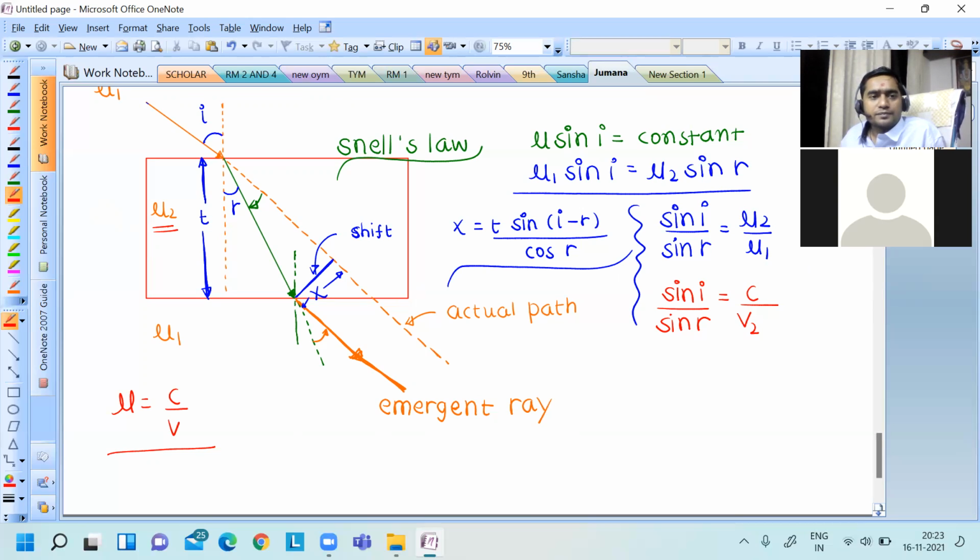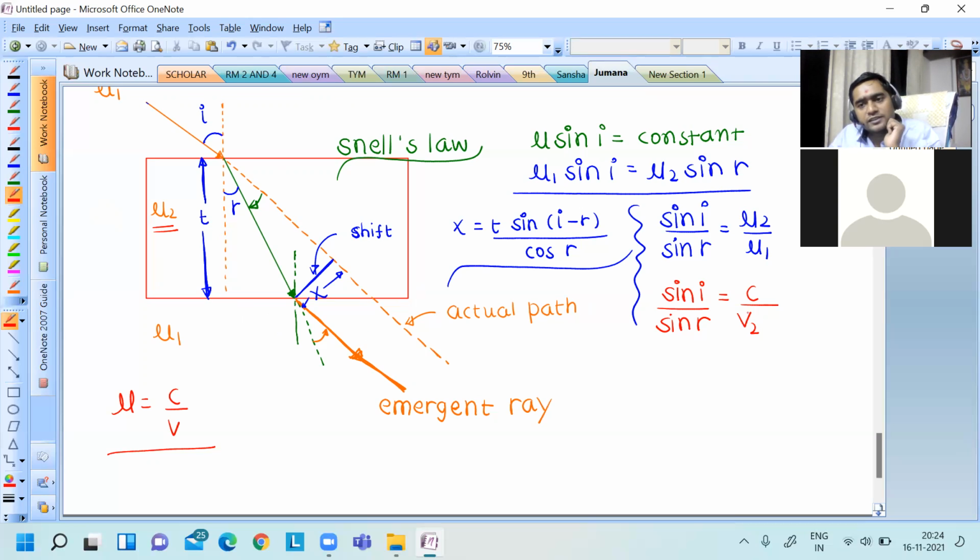The glass block is the second medium. And the first we can consider simply air. Sine i over sine r is from rarer to denser. Now this mu2 is the refractive index of this glass medium.